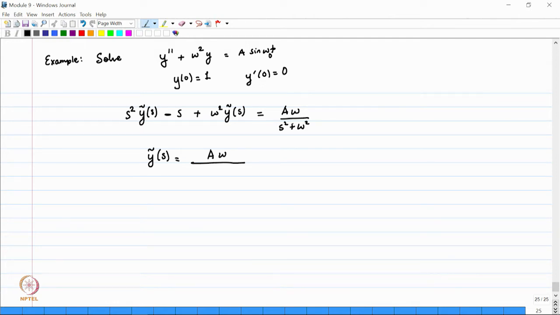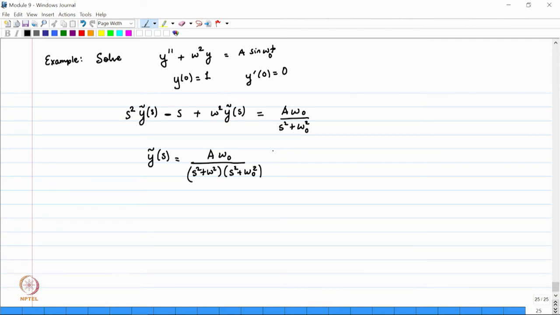So this omega and this omega 0 can be different. So a omega 0 divided by, now I have s square plus omega square, and I have s square plus omega 0 square.